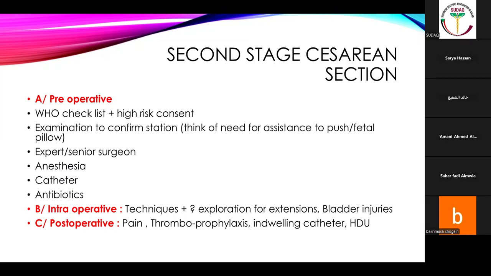So in the second stage cesarean section, the preoperative is the most important part. What do you think is the most important one in this? You have the list already. What is the most important one? Expert senior surgeon.